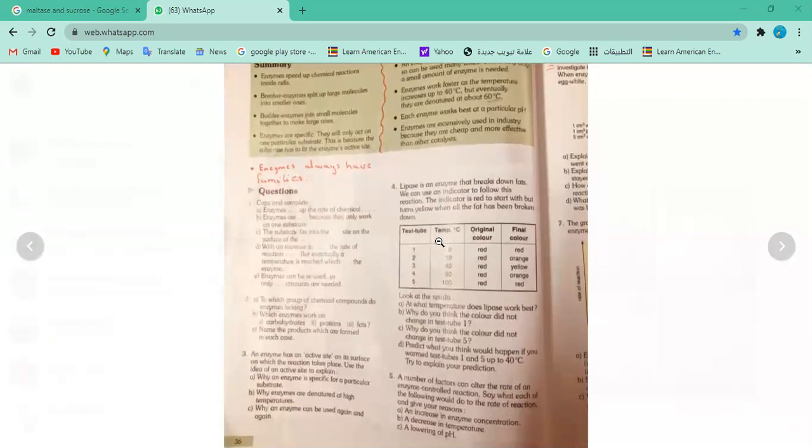Part C, who is going to read part C? Next student. Can I read? Yes, okay. The substrate fits into the active site on the surface of the enzyme. Very good. Excellent. You know, the whole part of the enzyme is not active, right?